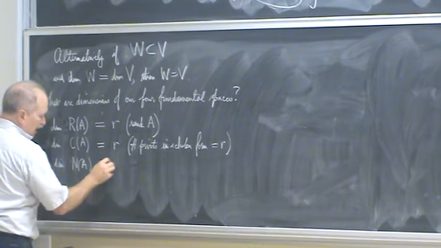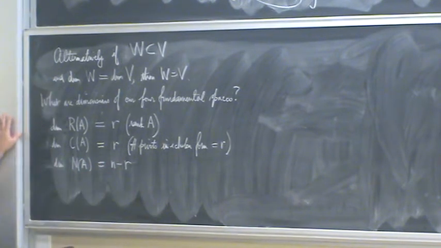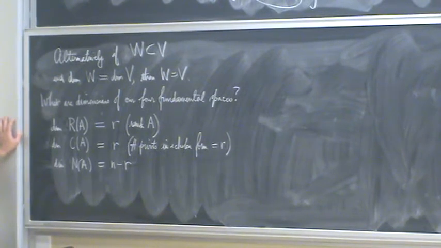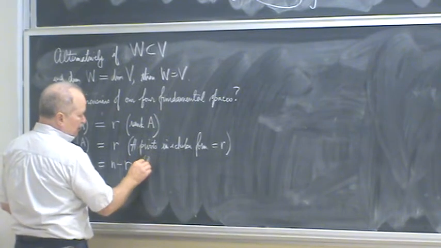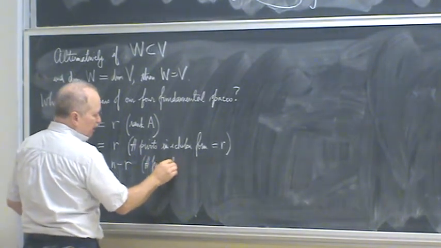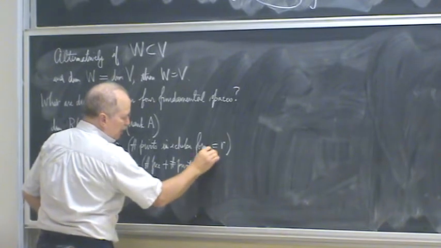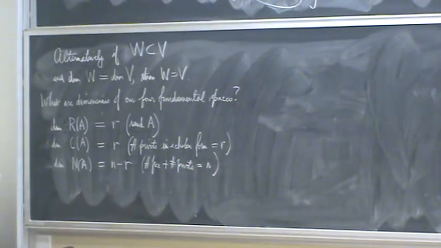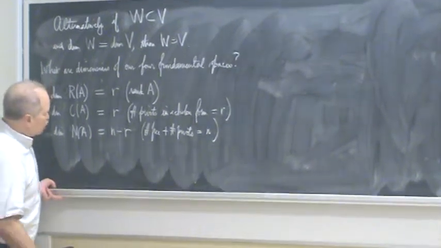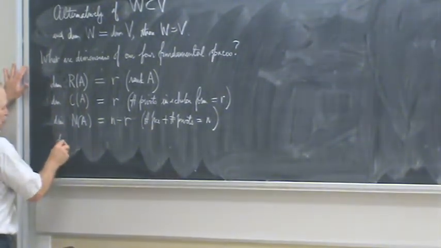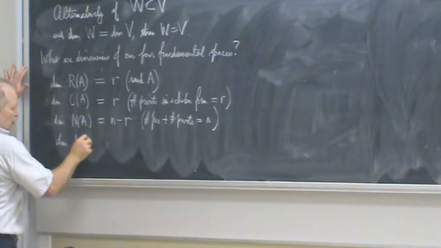N minus R, because we got one vector for each free variable, and number of free variables plus number of pivots is the number of variables altogether.